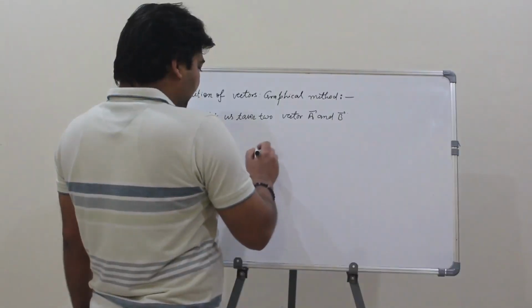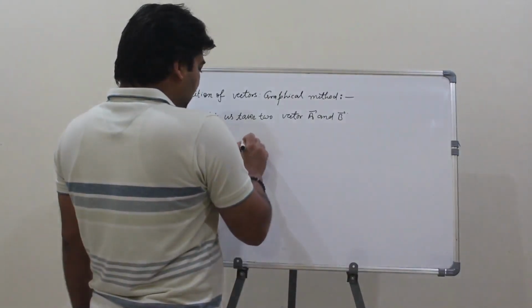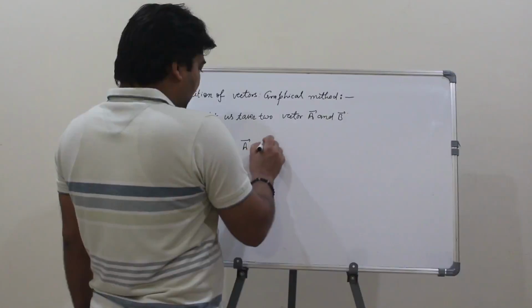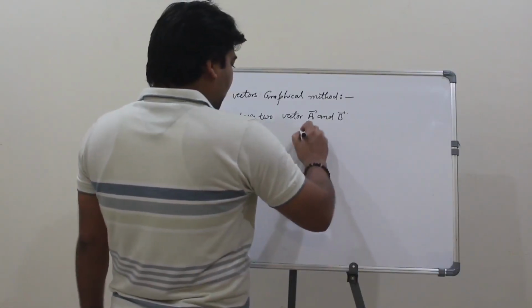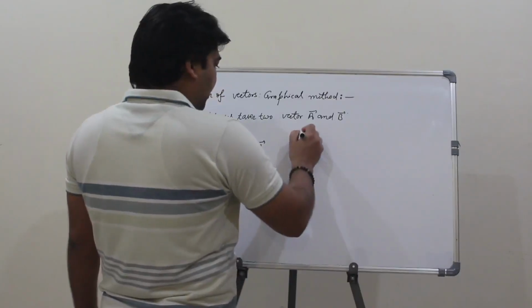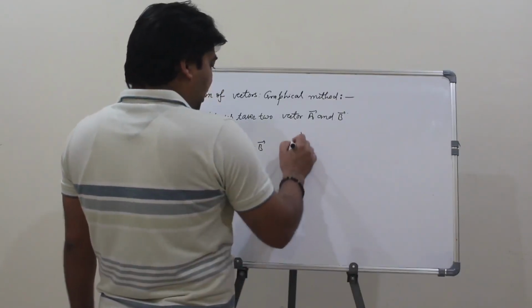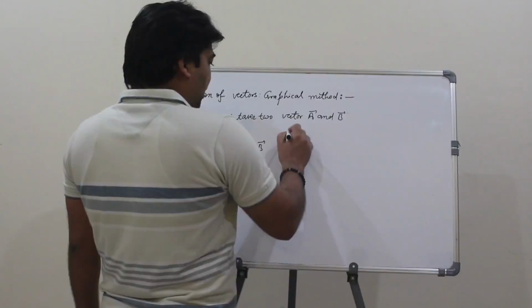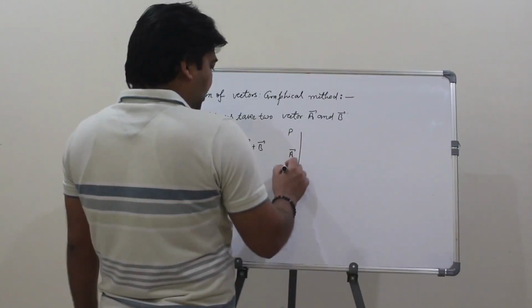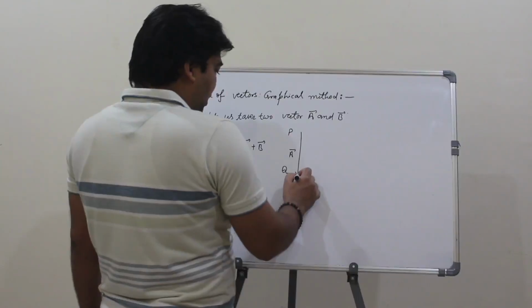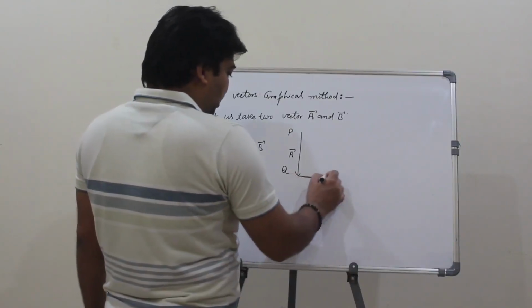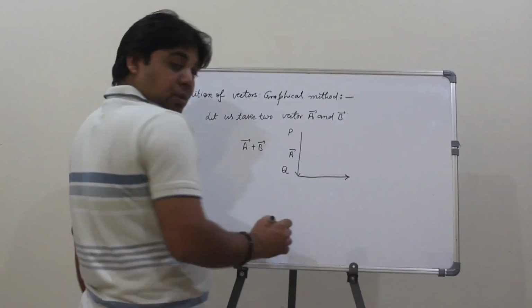So let us take now a summation, A plus B. Let's take A as represented by this. You start with the tail and go to the head. A, you can call it P, Q. Now, starting from the head of A, B will go like this.